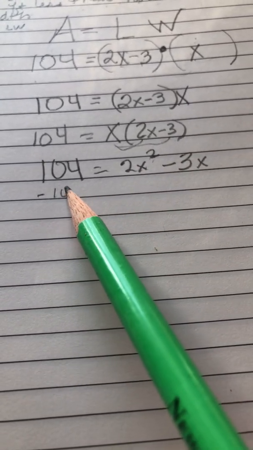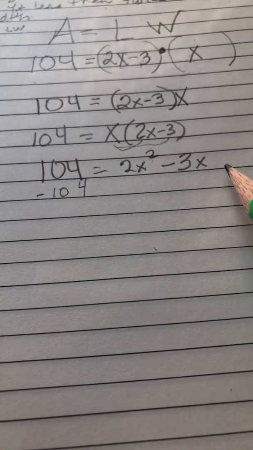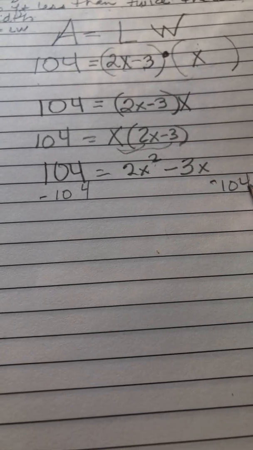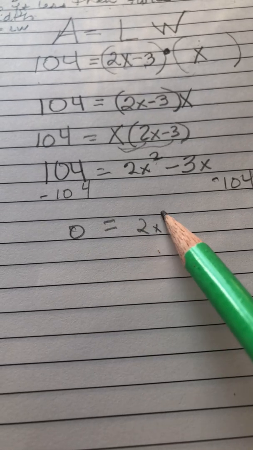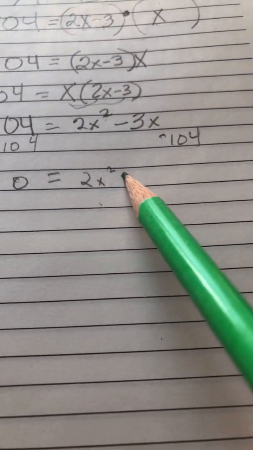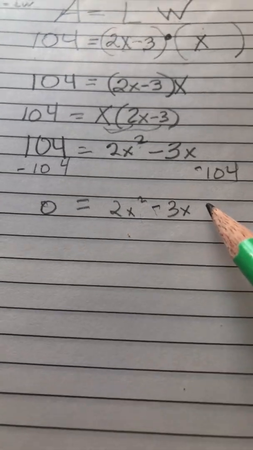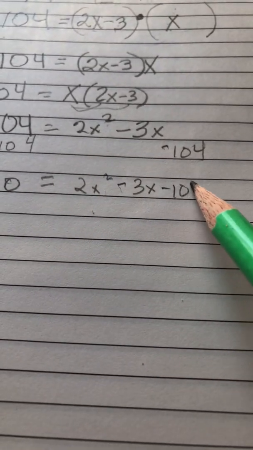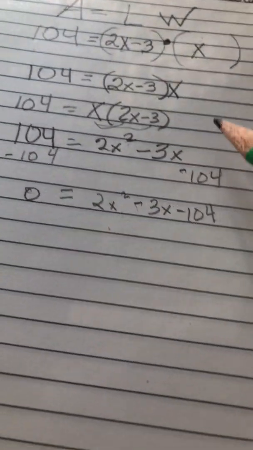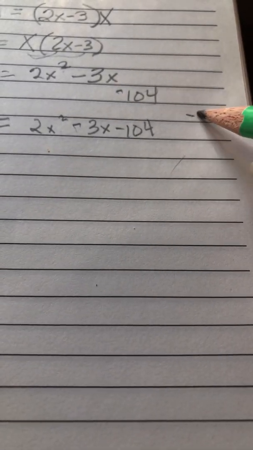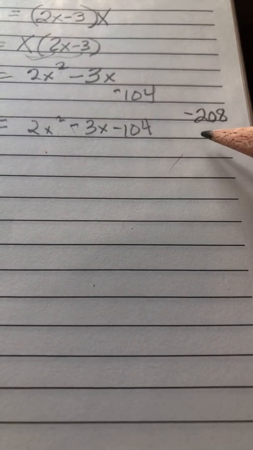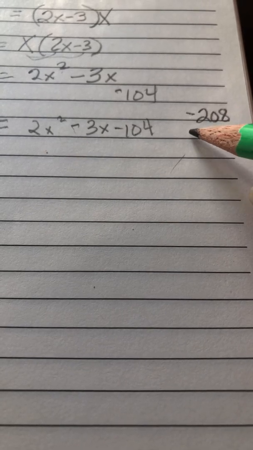So we'll subtract 104 from both sides. And so we have 2x squared minus 3x minus 104. Now at this point, we're going to multiply the first and last and list the factors of 208.